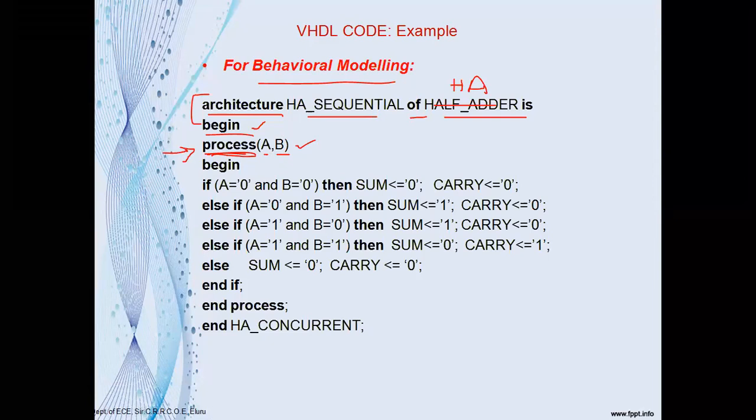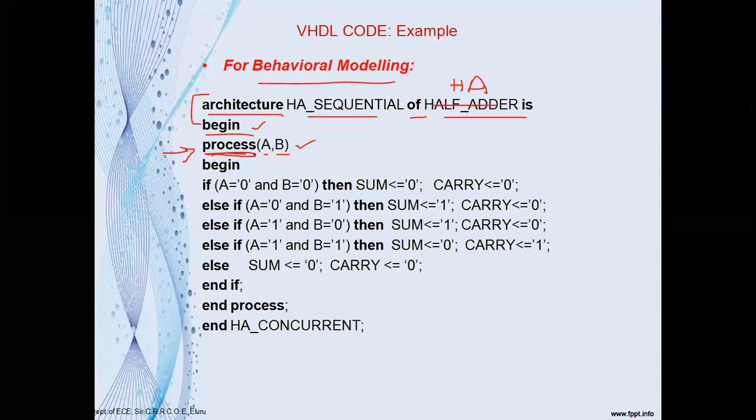If you have not mentioned the process variables, they will not be taken into consideration for the device modeling. So compulsorily we have to mention the parameters which are to be processed for the behavioral model. Such inputs or outputs you can mention in this process statement.